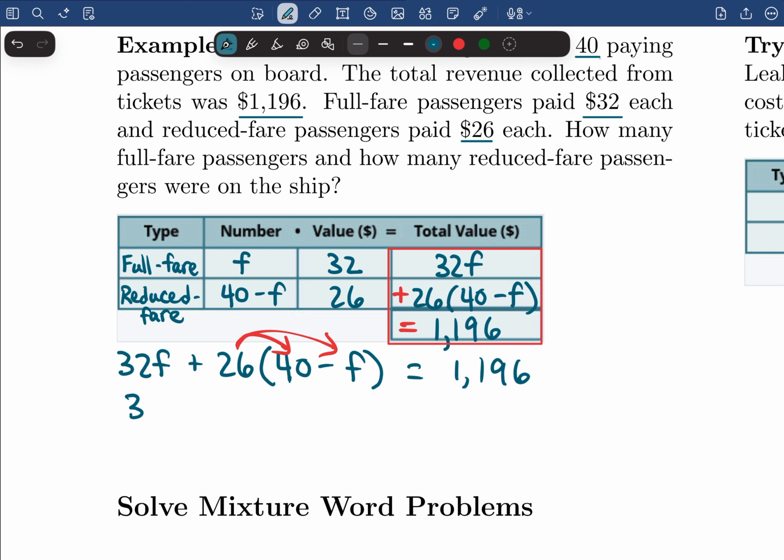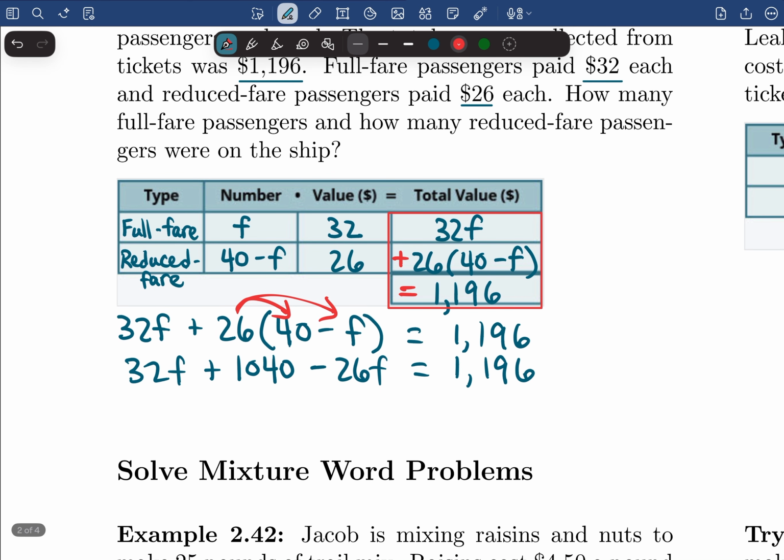And we find 32F plus, well, 26 times 40 is 1,040. And then that's minus 26F equals 1,196. Now let's combine like terms, and we'll take the constant and subtract it to the other side.